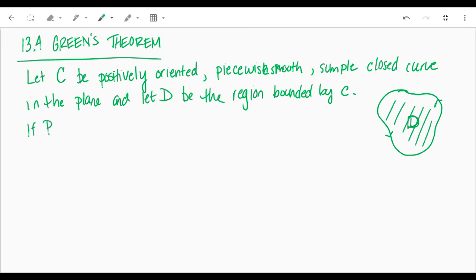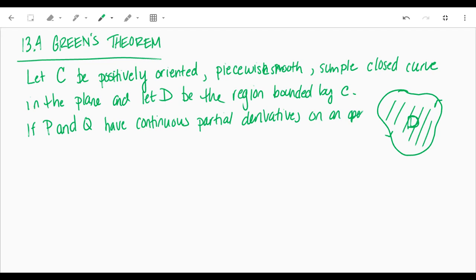If P and Q have continuous partial derivatives on an open region that contains D, so at least in D, then we get this neat little theorem.